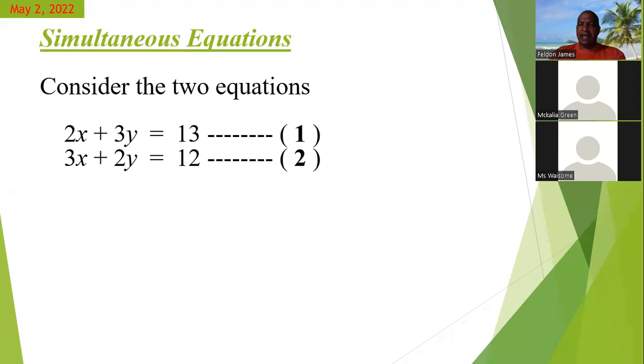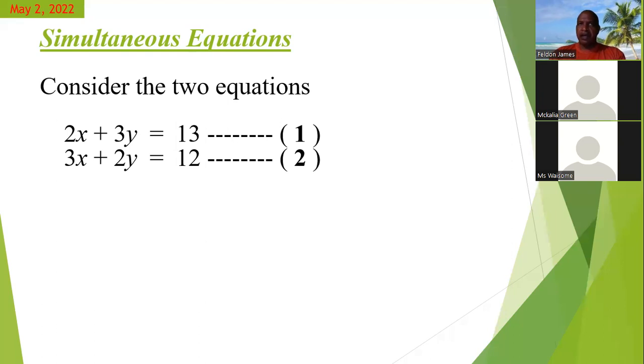One you can solve by graph. To solve it by graph, you would plot both equations on the same graph, and wherever they intersect, you find the value of x and y at that point of intersection. You would have been a little familiar with that when you were doing graphs.